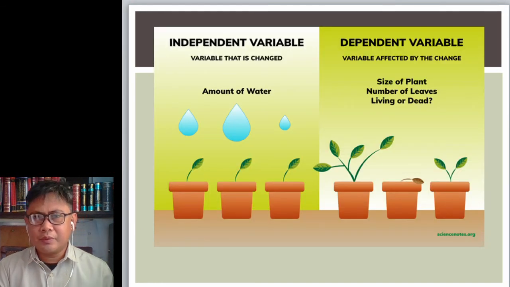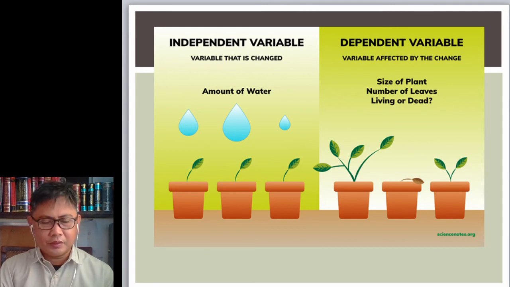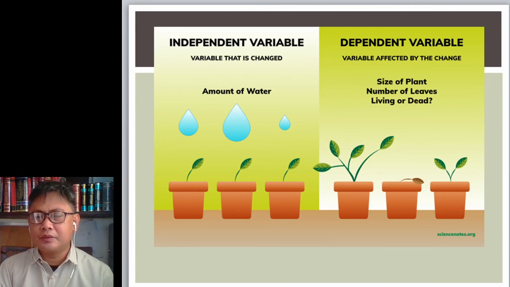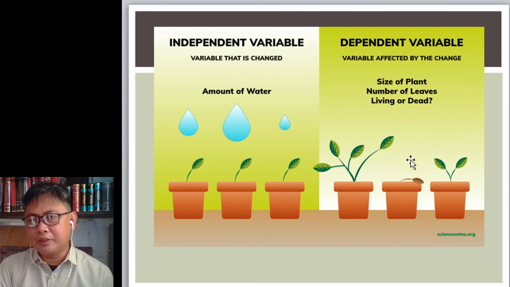Another example is this one. The study asks what is the effect of the amount of water on the plants, particularly the size, the number of leaves, and the viability of the plant. So here, the amount of water being introduced to the plant is what we call the independent variable.